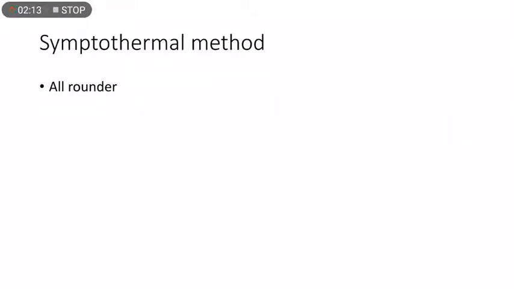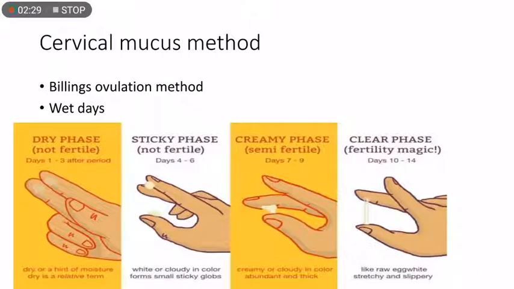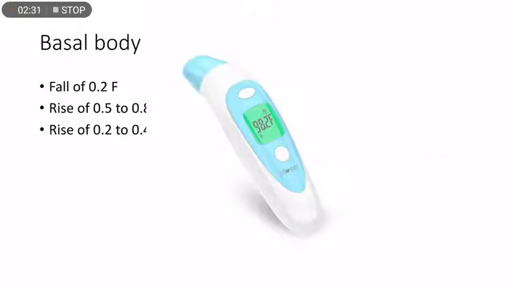Moving on to the symptothermal method. The symptothermal method is considered an all-rounder because it includes the data collected from both the above methods, for instance the cervical mucus method and also the BBT, the basal body temperature method.